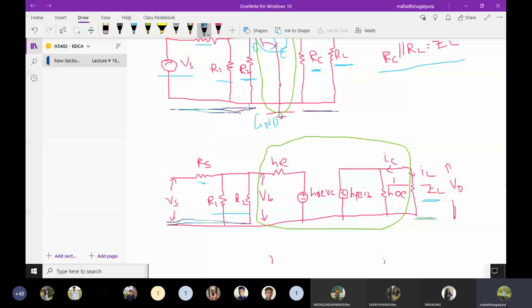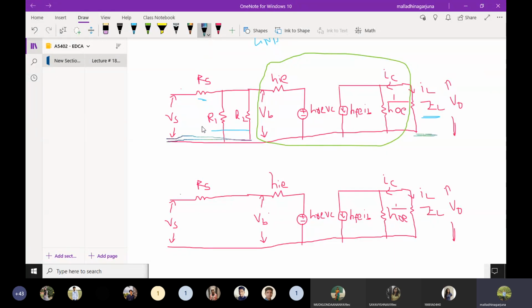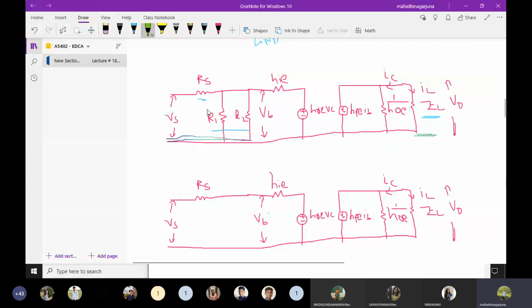If you want to calculate the equivalent resistance of it here, R equivalent is equal to R1 parallel to R2 parallel to HIE. When calculating equivalent resistance, all the voltage sources are replaced with short circuits and current sources with open circuits.